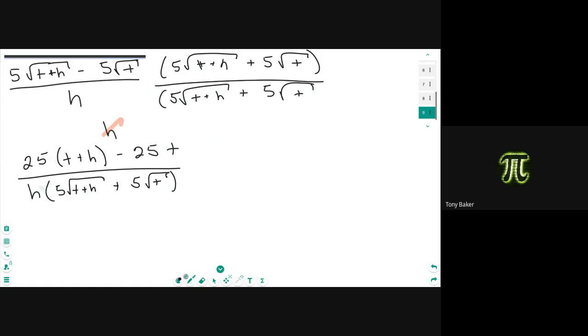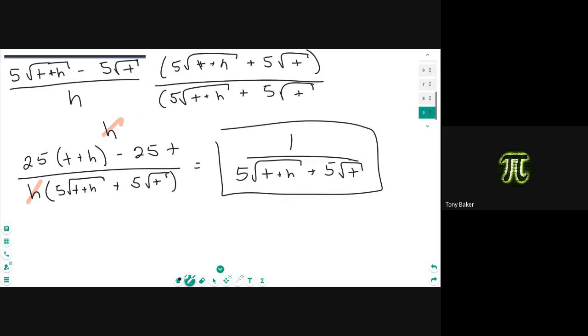And then the H and the H cancels out. So it simplifies for that.